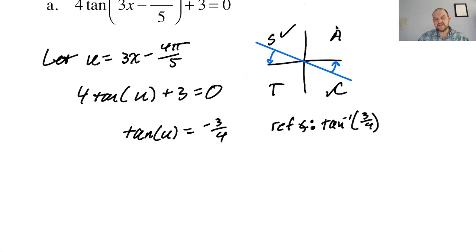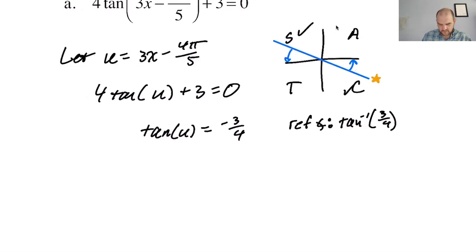Another thing you could think is, oh, I know the inverse tangent of a negative is a negative quadrant 4 angle. The inverse tangent of negative 3/4 actually would give you this. And you're safe. You could actually just do the inverse tangent of negative 3/4 and then plus pi times n. It works. It's a little riskier though, I think. So I'm going to choose not to do that, but you could.